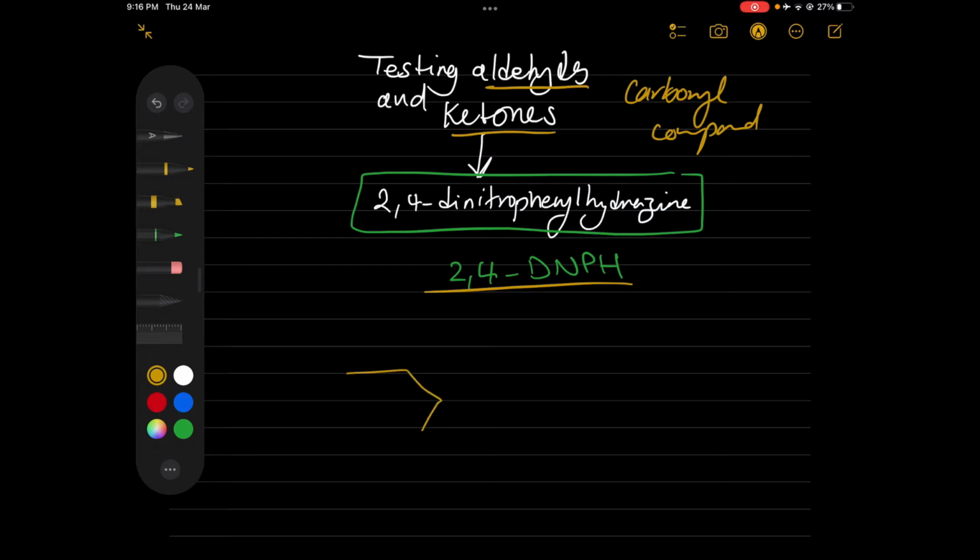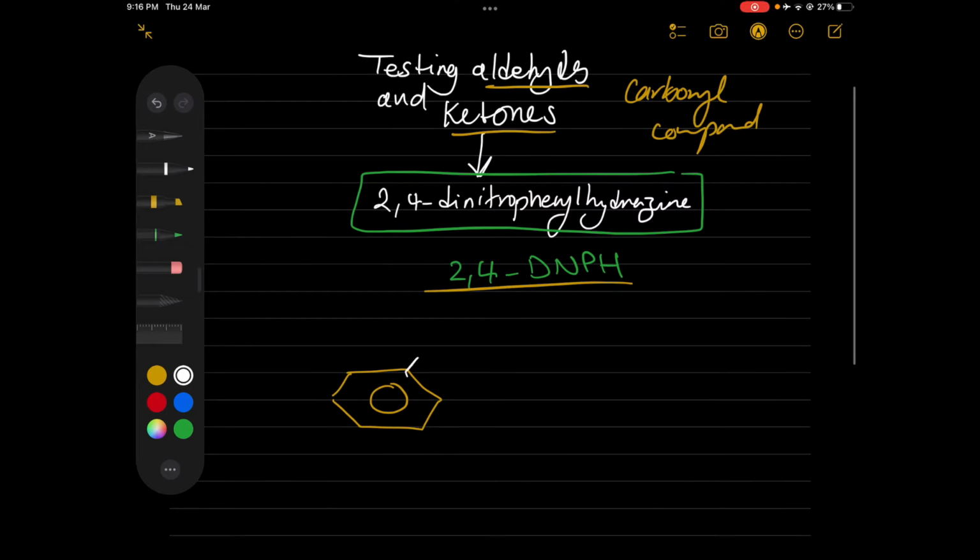Let's draw it like this, and we have nitro substituents. Here we have NO2, and here we have NO2, and here we have N with a hydrogen, and then this N is bonded to another NH2. So this is the structure of the material that we're going to use to test for the carbonyl compound.